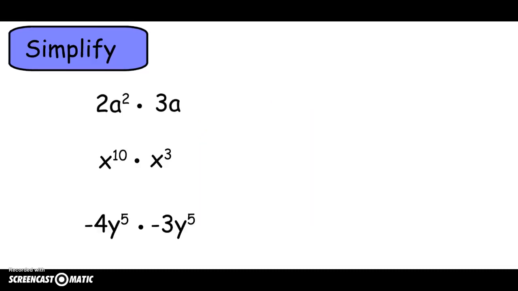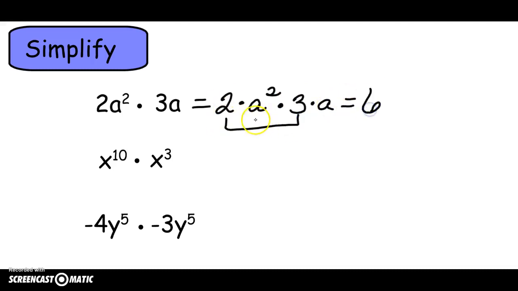So let's practice these. I have 2a squared, so that's 2 times a squared, times 3a, which is 3 times a. 2 times 3 is 6, and a squared times a is a to the third. Remembering there's always a 1 there. The next one is pretty self-explanatory. My base stays the same, and 10 plus 3 is 13.